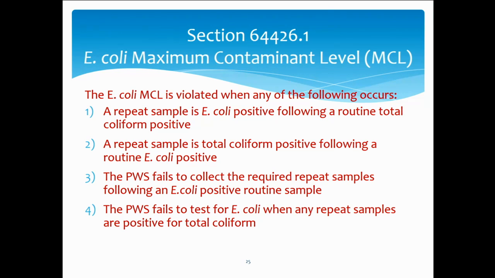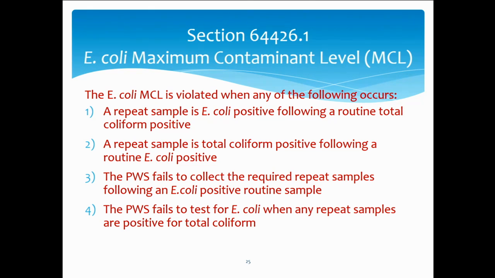Significant rises for all public water systems, so transient, non-transient, non-community, and community. So E. coli MCL: the RTCR does away with the total coliform MCL. That'll be gone. So there's only going to be one MCL in the RTCR, and that's an E. coli maximum contaminant level.